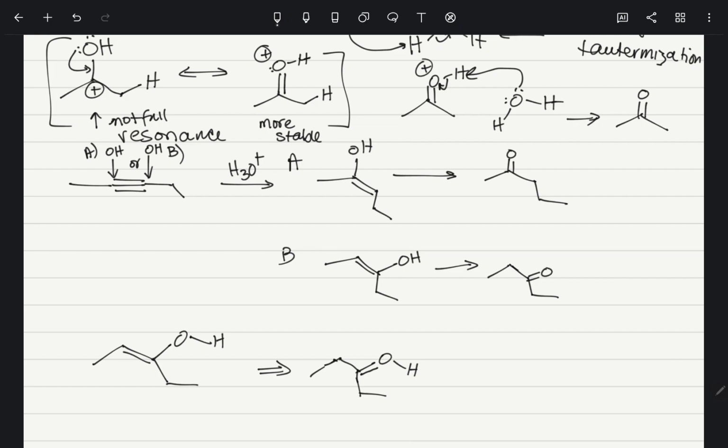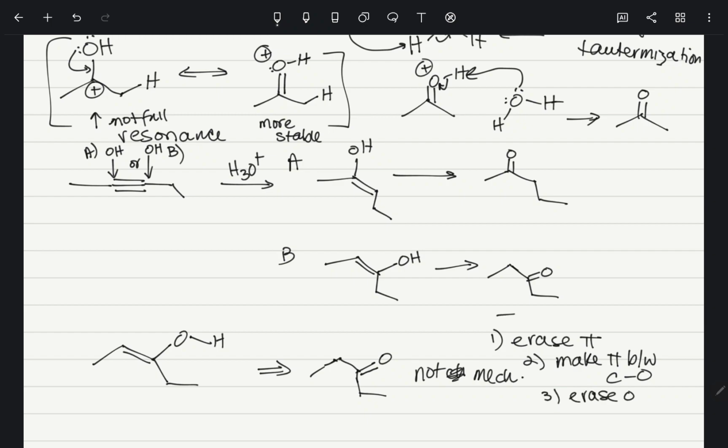So you're going to move that around, and then you erase the oxygen. This is not a mechanism, but that is what I would do. So 1, erase pi. 2, make pi between carbon and oxygen. And 3, erase oxygen. So that's my trick, and you can use that for the other mechanisms. All right, we will have another video with the other mechanism.